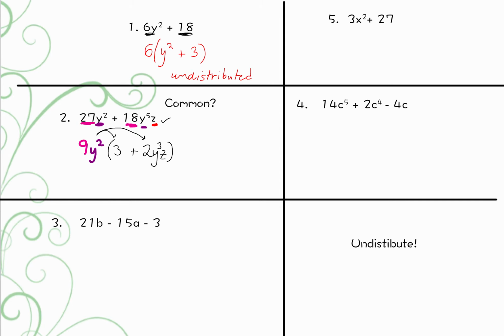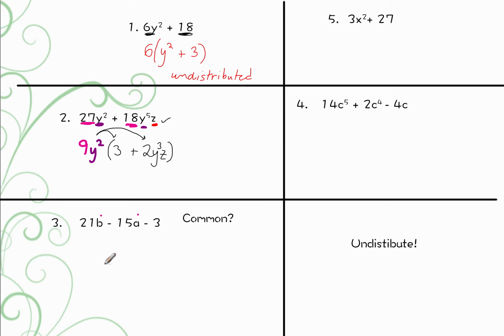Number 3. Now we have a little more. We have a trinomial. So we're still going to see what is in common to all 3 terms. Well, one thing I notice is that they don't all have variables. And in fact, this is the variable b and this is the variable a, so there are no variables in common.